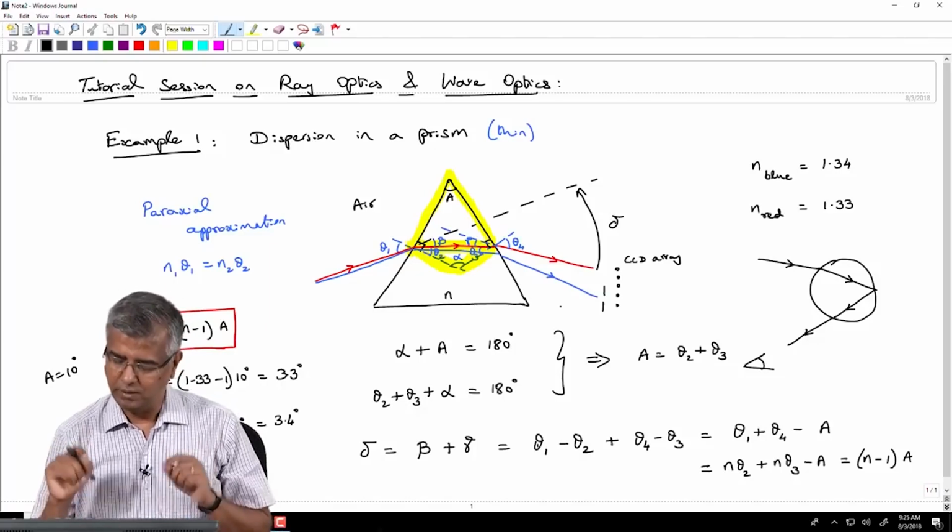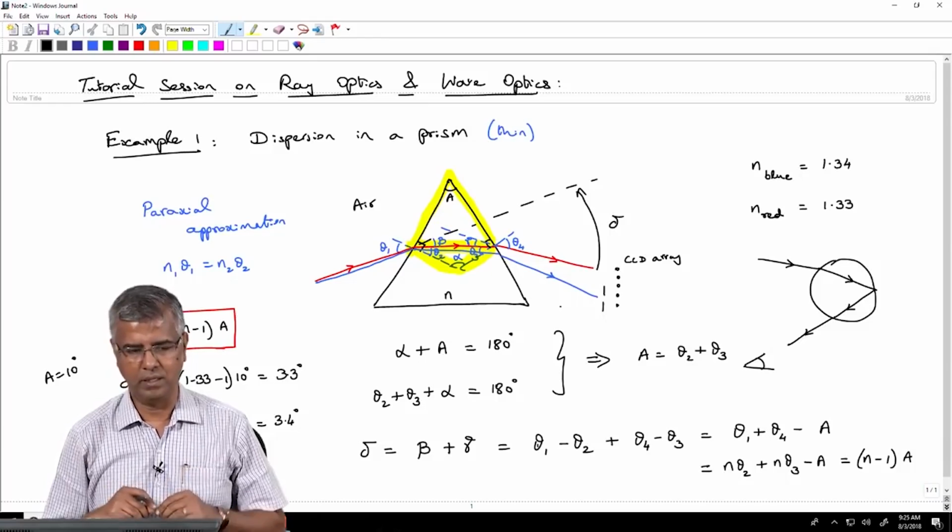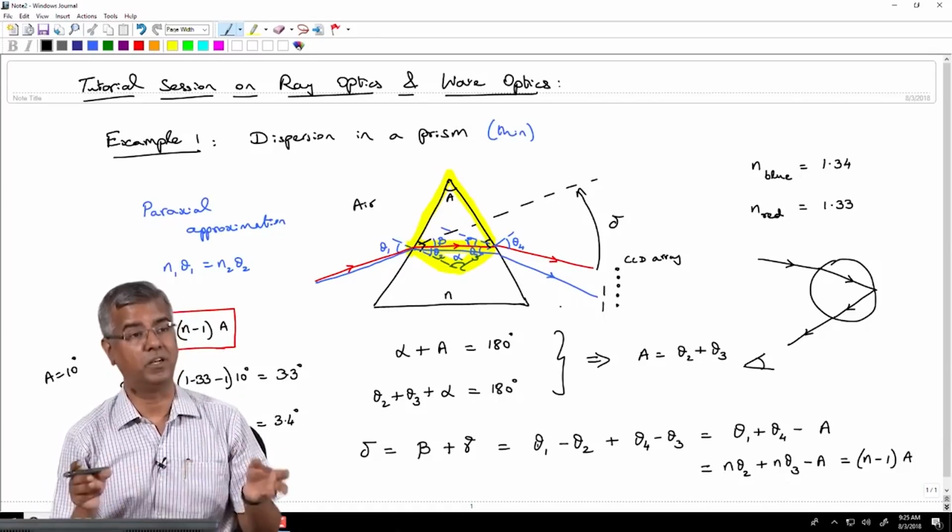But this prism can also help in, somebody was talking about dispersion of pulses.